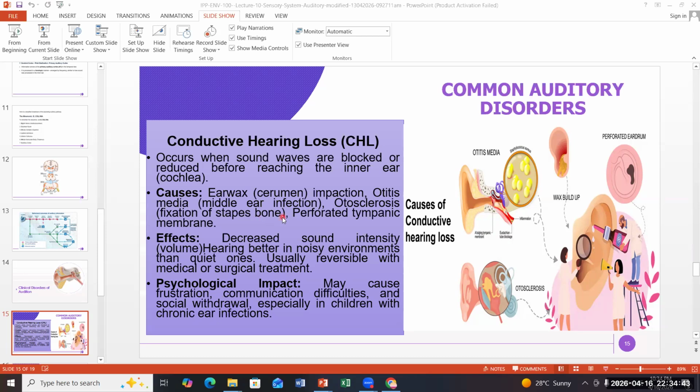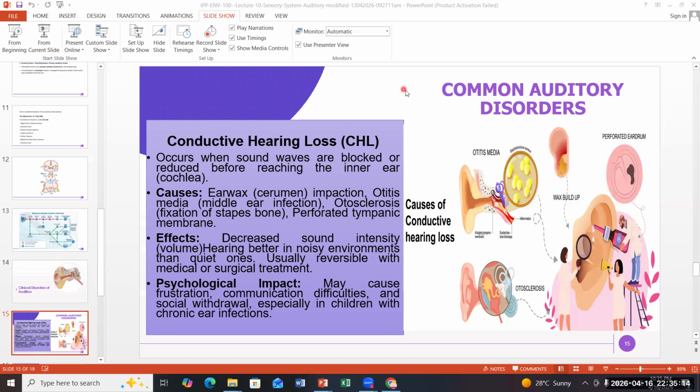Or it may be a perforated tympanic membrane. If the tympanic membrane is perforated, it will not vibrate as fast, or the sound waves will not be transferred. So we need to understand that if a person is not able to hear and the underlying reason is accumulated wax, I think everybody can understand the wax can be removed.